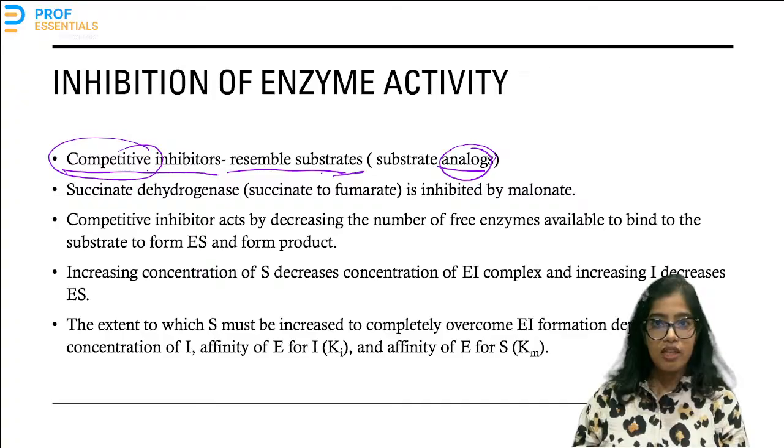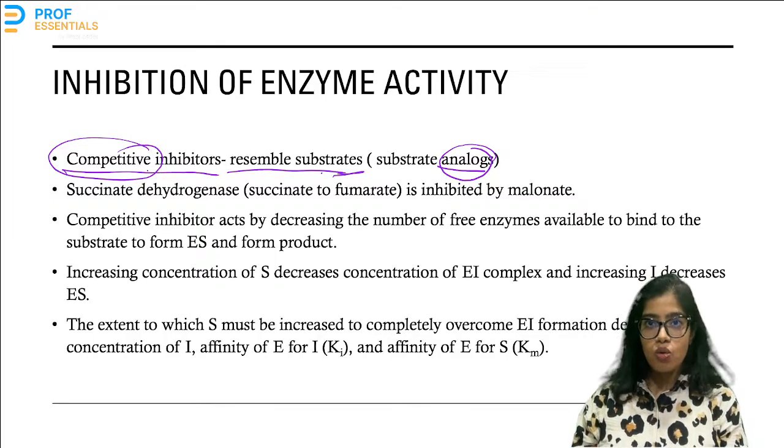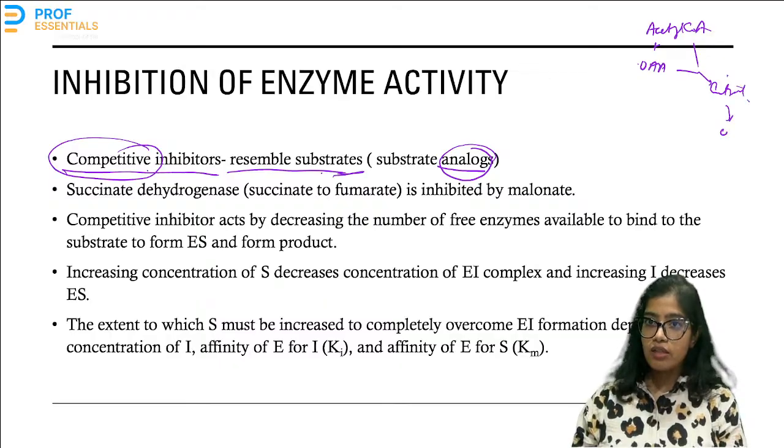if you have seen my video on the Krebs cycle, how I have simplified the Krebs cycle using a story. There we saw how oxaloacetate combines with acetyl-CoA to form citrate. Now citrate changes to cis-aconitate, changes to isocitrate.